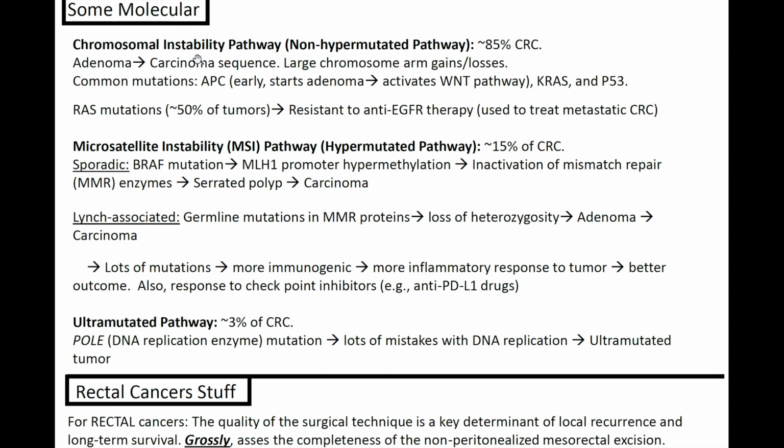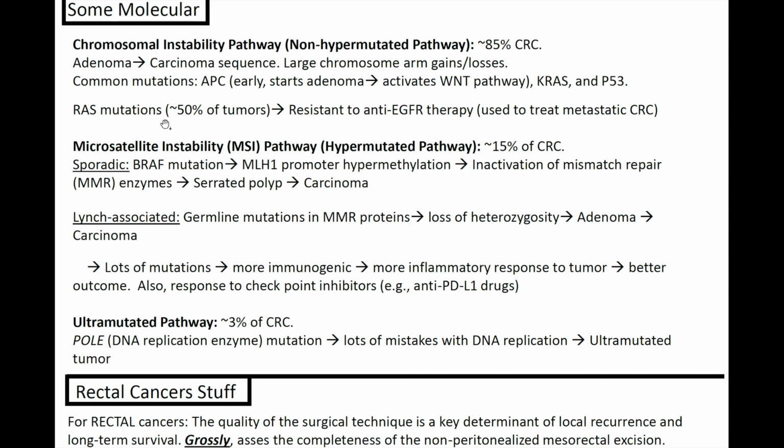And RAS mutations in about 50% of tumors lead to resistance to anti-EGFR therapy, which can be used to treat metastatic colorectal cancer. So knowing about RAS mutation or any mutation for a colon cancer patient is good because you know certain therapies they could be potentially resistant to, like RAS and anti-EGFR therapy.